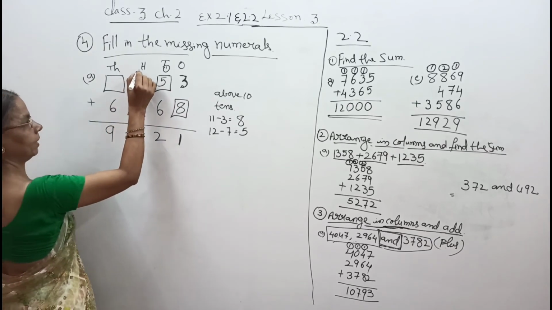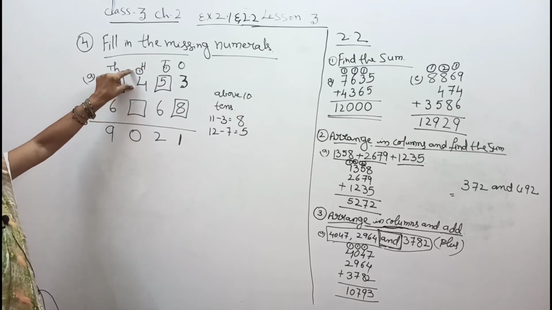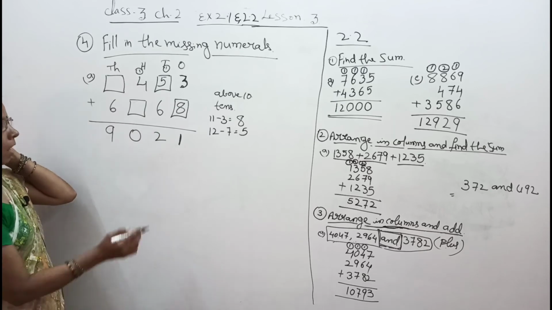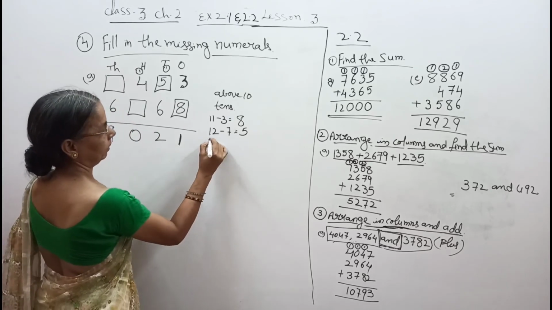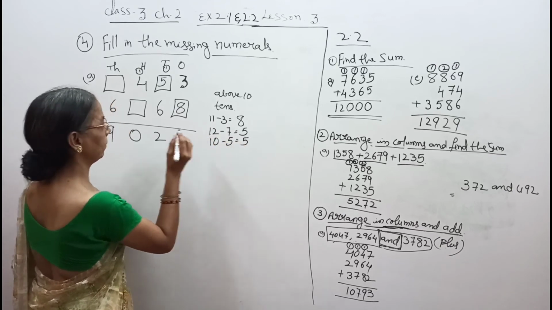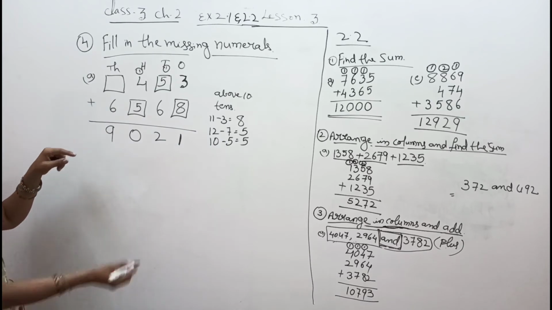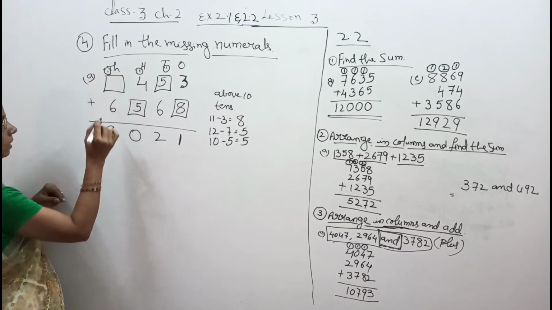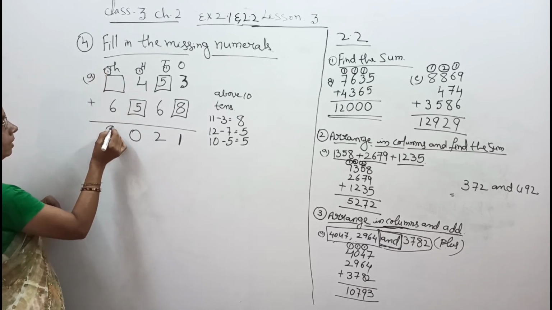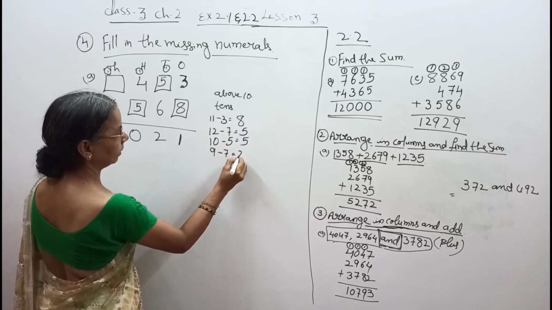Now here 1 carry, and here it is 0 and here we have 5. 4 plus 1 is 5, after 5, 0 means it is 10. 10 minus 5, we get 5, here we have to write 5. Now again 1 carry, then 6 plus 1 is 7, here it is 9, 9 minus 7, we get 2.